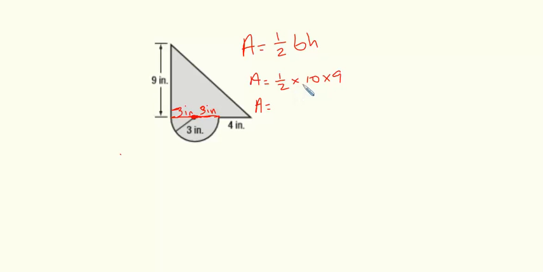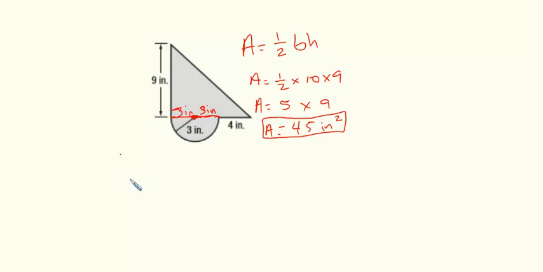So 1/2 times 10, or a half of 10, or 10 divided by 2, we get 5. 5 times 9 is 45 inches squared. So that's the area of my triangle.